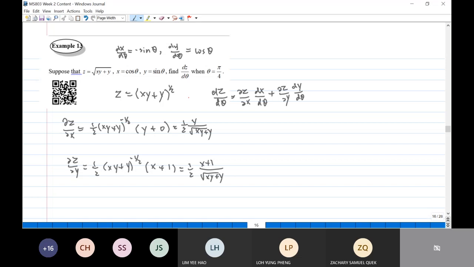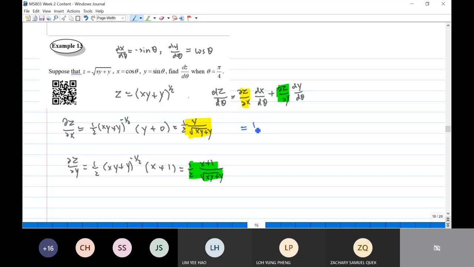Okay, so I'm going to put them inside now. So dz dx is here, and dz dy is this one. So most likely you're going to make a mess out of this. Okay, so let's put it in.